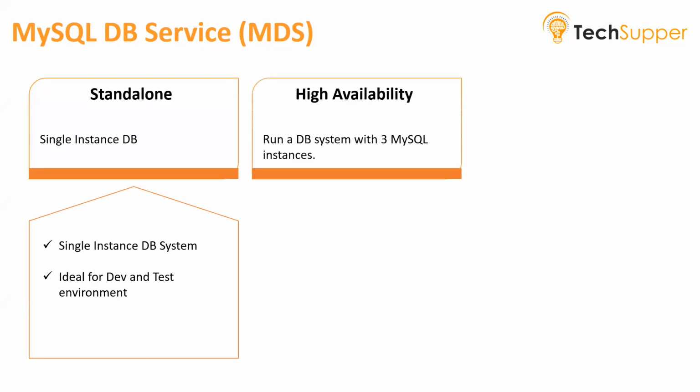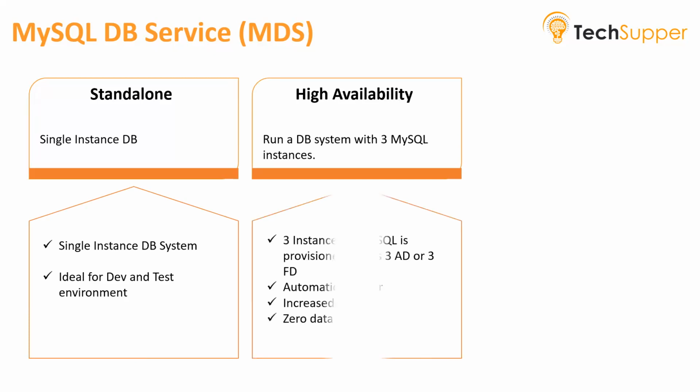The second is high availability, which is one of the key features of MySQL DB. It runs a DB system with three MySQL instances across three availability domains and three fault domains. So when you use this feature, your MySQL DB will be highly available. It will increase the uptime without any data loss.